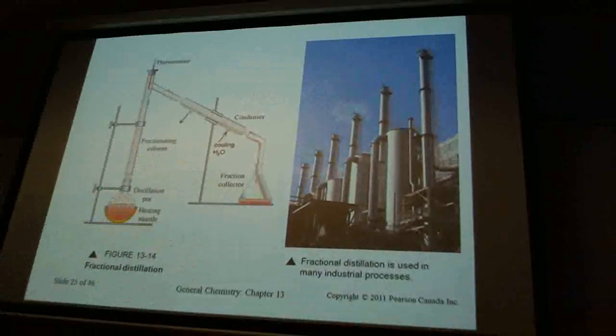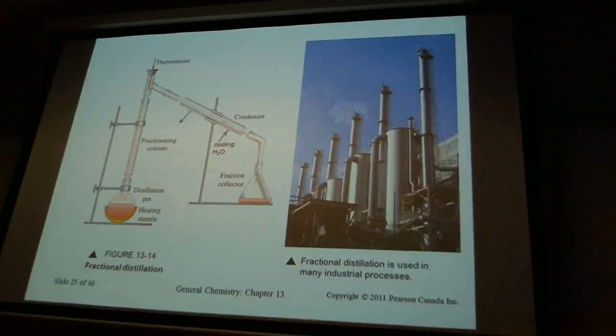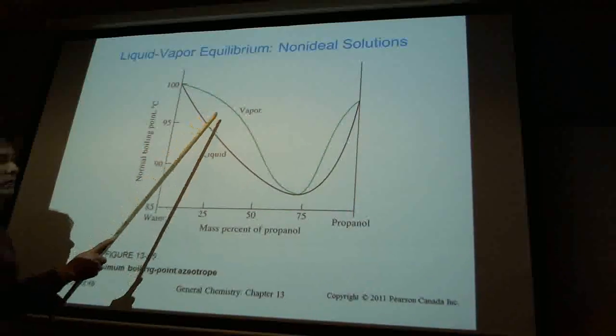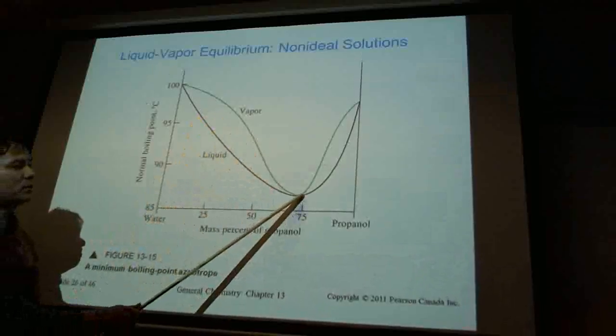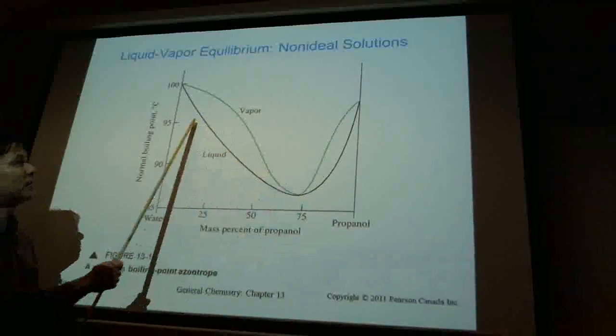We can use Raoult's law to figure these things out, but it turns out Raoult's law is for ideal solutions. If the solutions start to deviate from ideal behavior, then we don't get very nice distillations. And so this is propanol. What happens with propanol is if you try to distill it, you end up here at the bottom. This is called an azeotropic mixture.